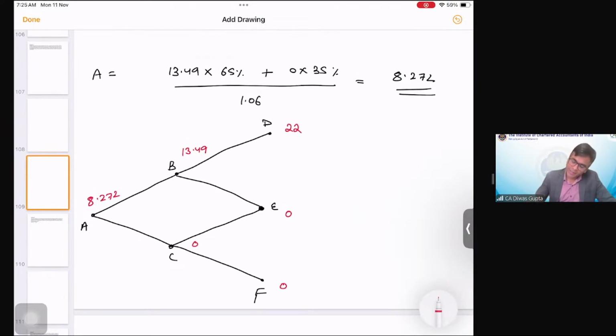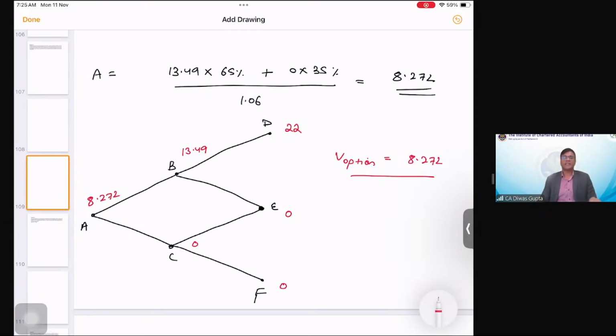And if I may just tell you that this 8.272 that we have calculated is actually the value of the option. This becomes the value of the option because this is the bare minimum expected by the option writer.